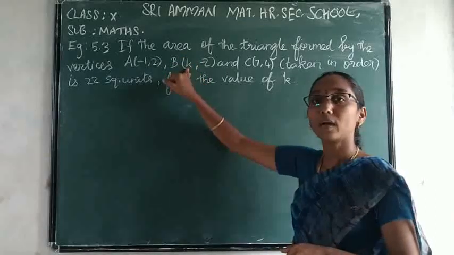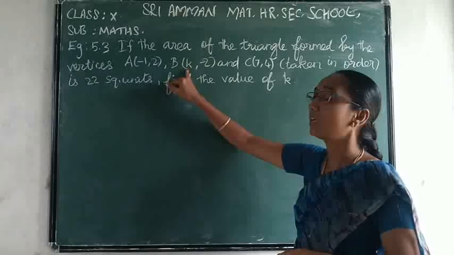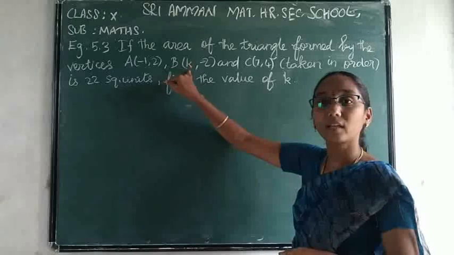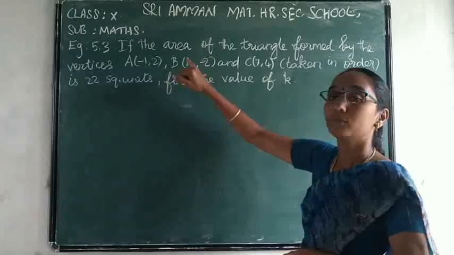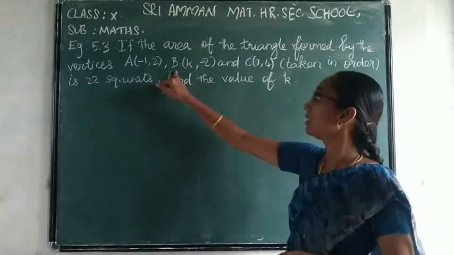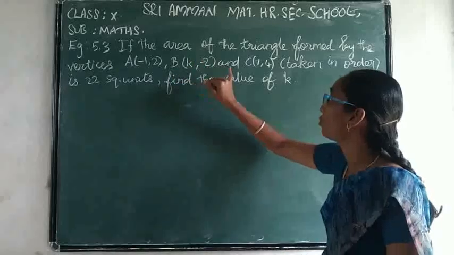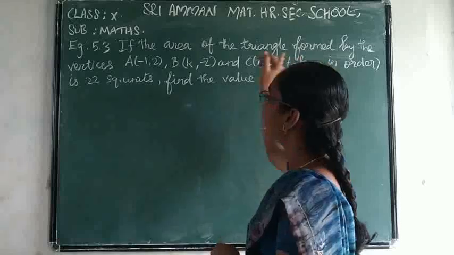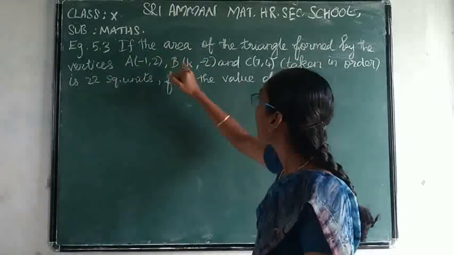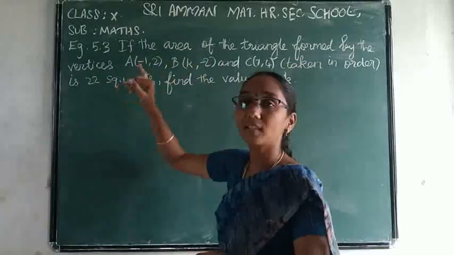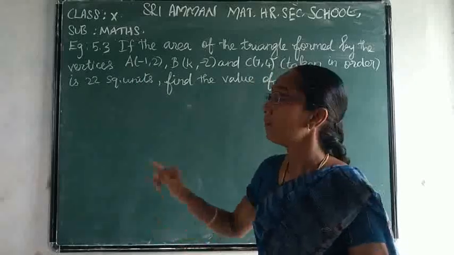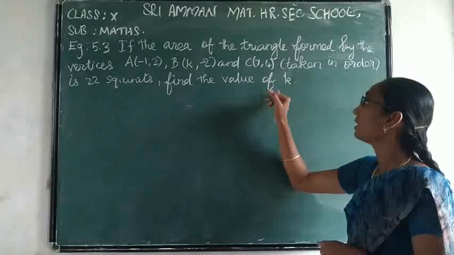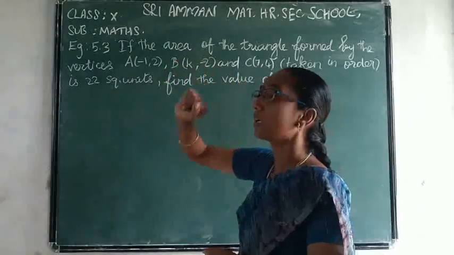There is no number in this place; the x coordinate value is k. In B, the y value is minus 2, and C of 7 comma 4. Taken in order, the area of the triangle ABC is given. That value is 22. Find the value of the B coordinate x value.